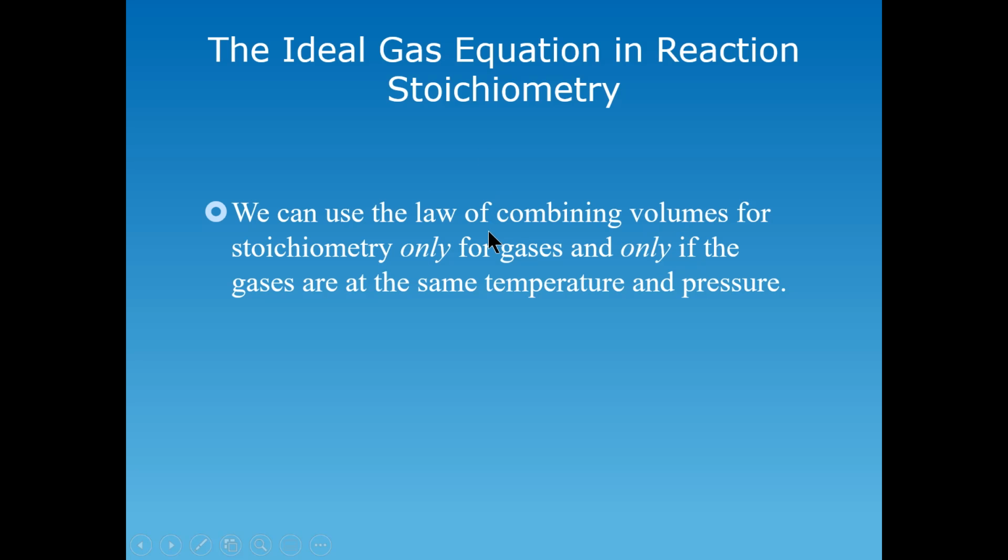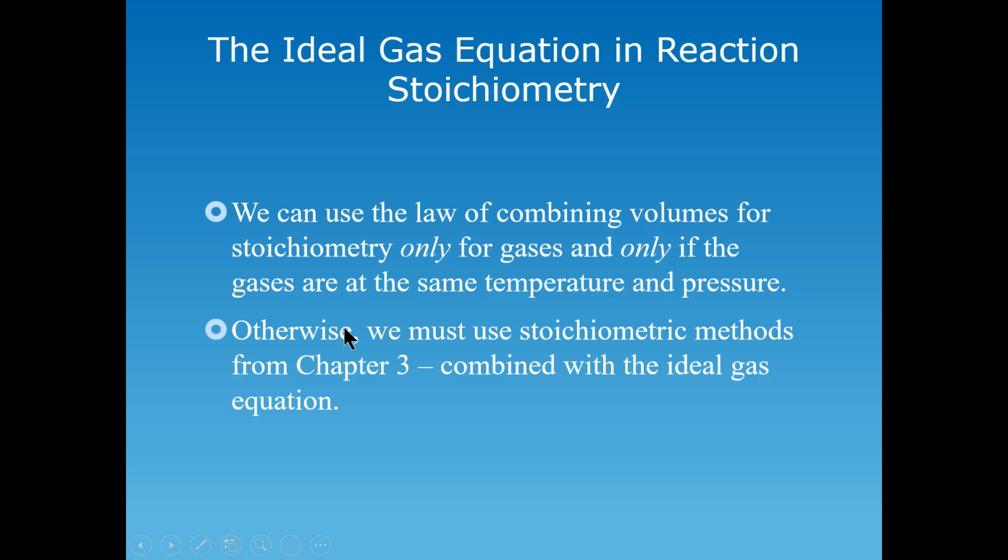Going back to the law of combining volumes that we just looked at, that only works, as I said before, if the gases involved in the reaction are at the same temperature and pressure. But of course, that's not always going to be the case, and therefore we have to use stoichiometric methods that we learned from chapter 3, plus what we are learning now concerning the ideal gas law or equation.